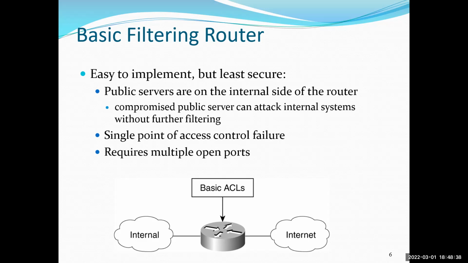That's your home scenario. Basic filtering router: easy to implement, least secure. If you had public servers, you would have to open ports, and that would be a bad thing, right? So the better solution for that would be VPN services, but then you have to set up VPN. Okay, so we'll talk about that.